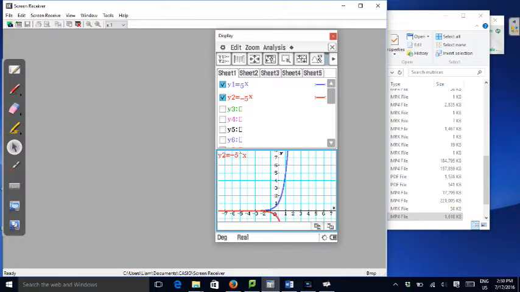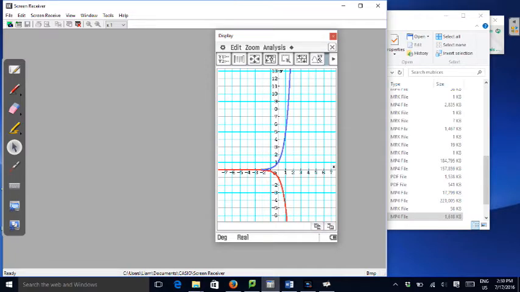Sorry, technical issues. Let's have a look. Okay, so in the blue, we've got 5 to the power of x. In the red, minus 5 to the x.